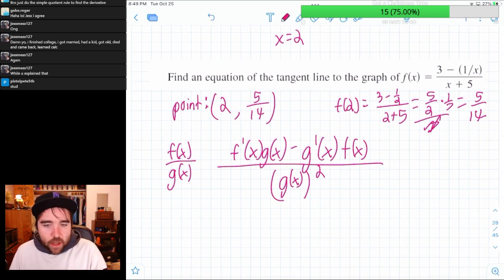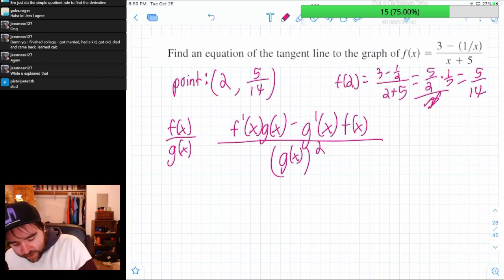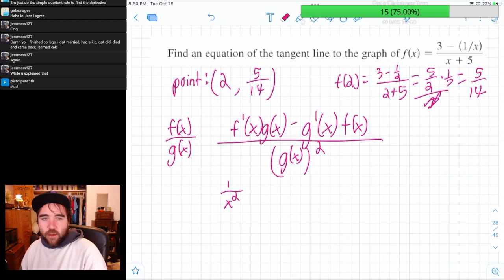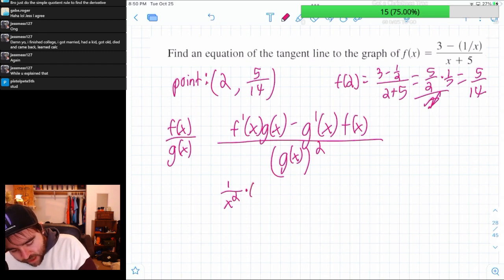So let's do it. The derivative of the top, well, the derivative of the 3 is 0. So what's the derivative of 1 over x? Well, it's just kind of nice to remember the derivative of 1 over x is negative 1 over x squared. So we already have the negative there. So that should just be 1 over x squared times the bottom, times g of x, so times x plus 5.